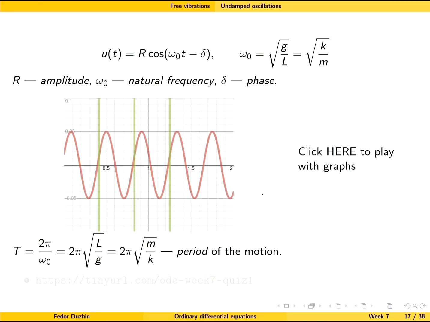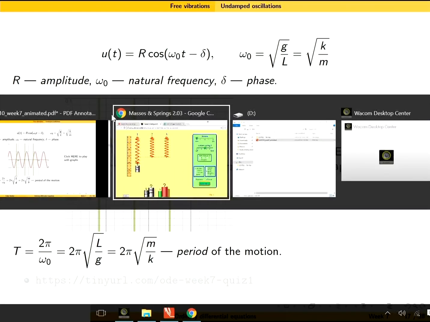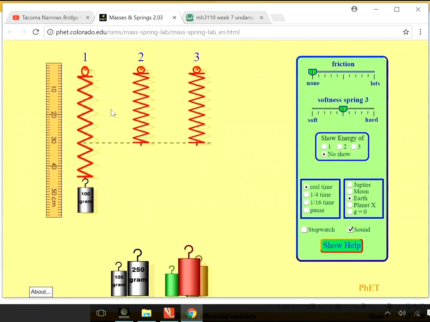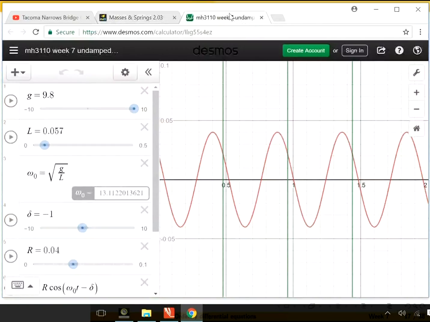So this is the graph of the general solution of an undamped oscillation. If you want, you can play with this graph, change some parameters and see what the graph looks like. I've prepared this plot for you.